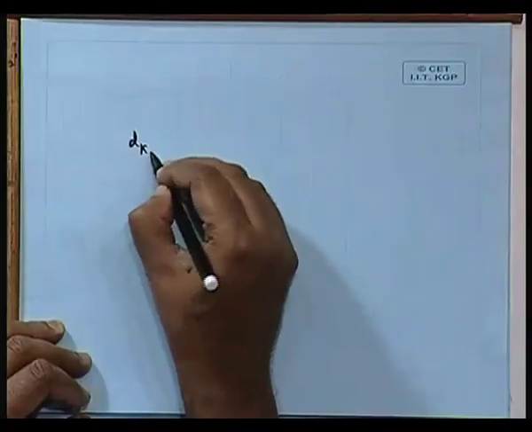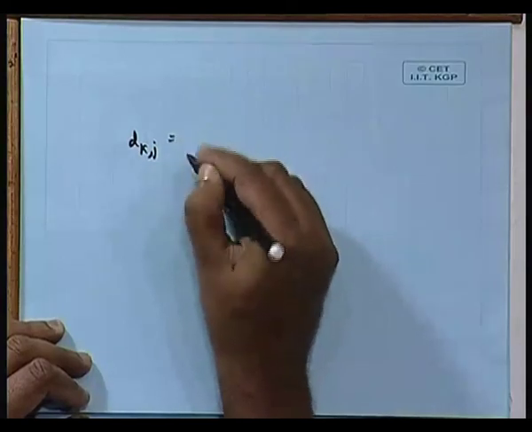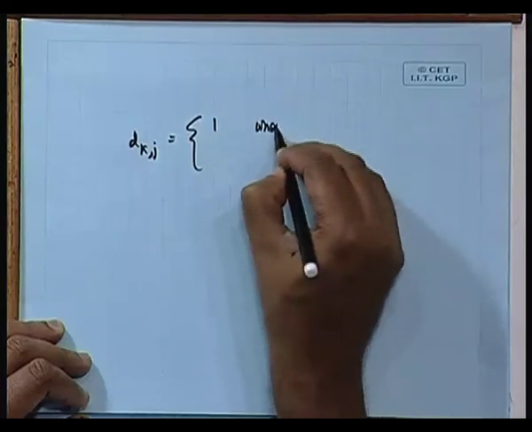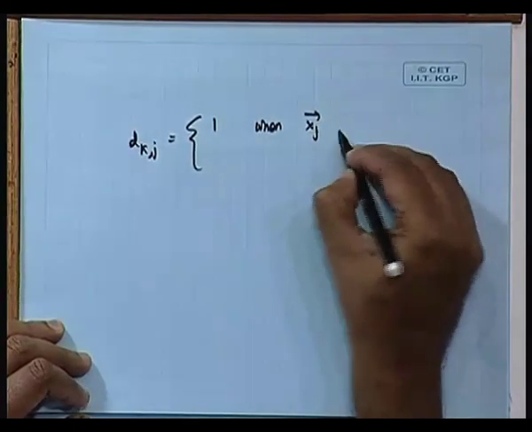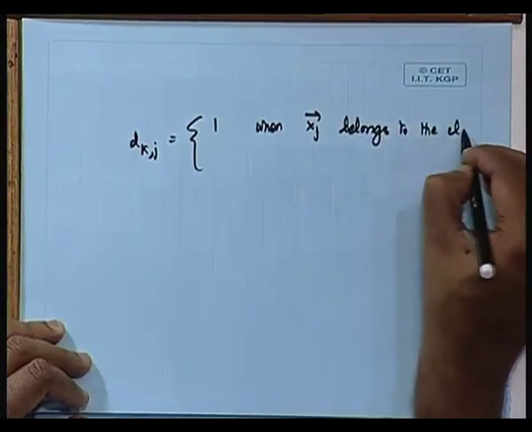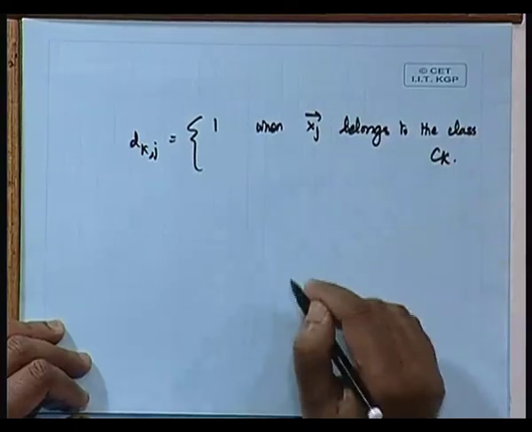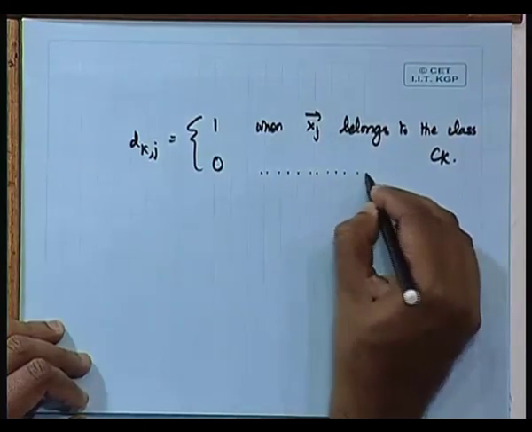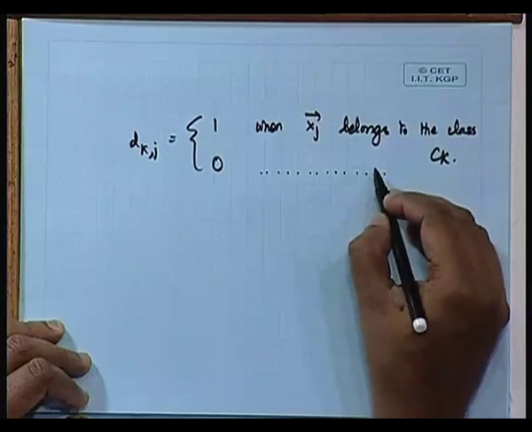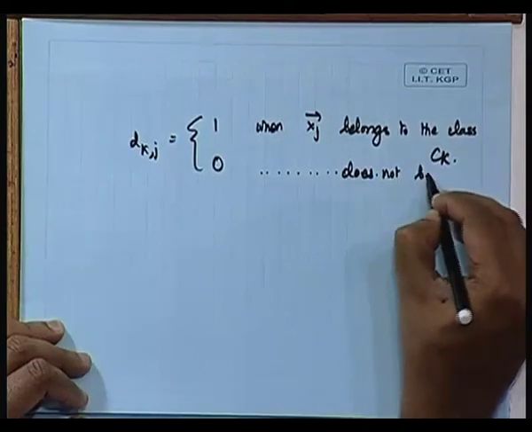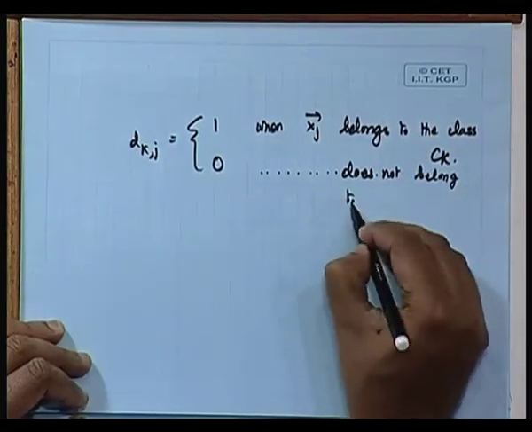So, if we train it with binary values, then we should definitely have dkj equal to 1 when xj belongs to the class Ck, and it will be equal to 0 in the other case, that is when xj does not belong to the class Ck.